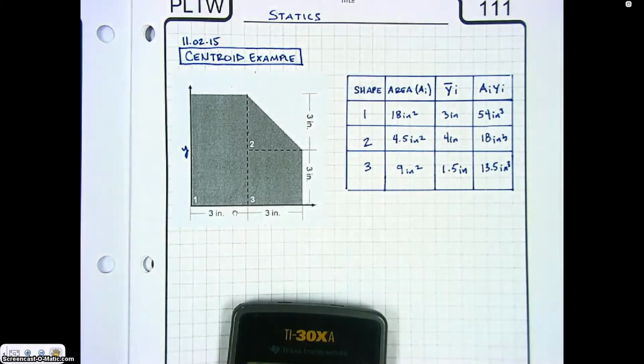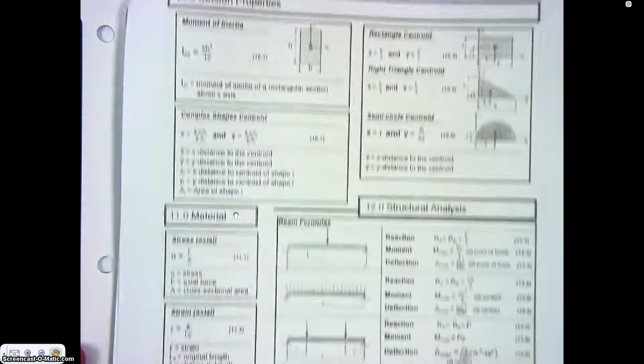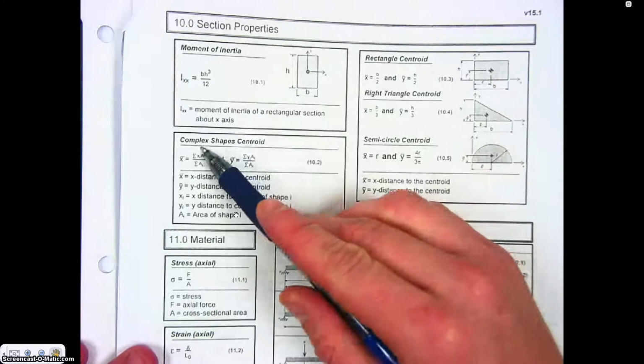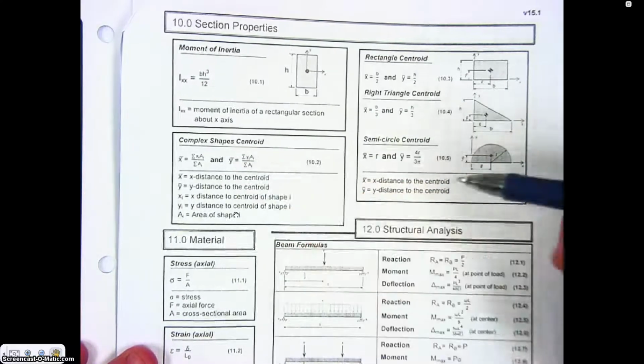Okay, and now we're ready for our formula sheet. And so now that we have all the information, we can actually calculate the centroid location. So we have complex shaped centroid. We're looking at it in the y direction.